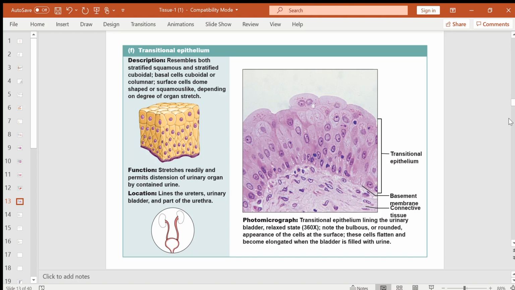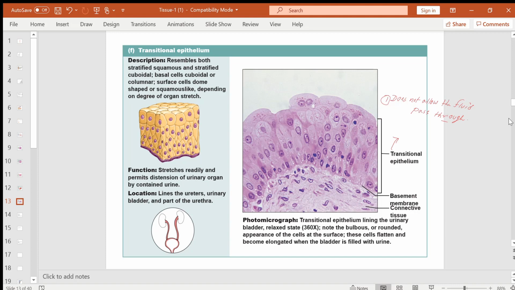Number one, it does not allow the fluid to pass through it. So fluid cannot pass through the transitional epithelium.